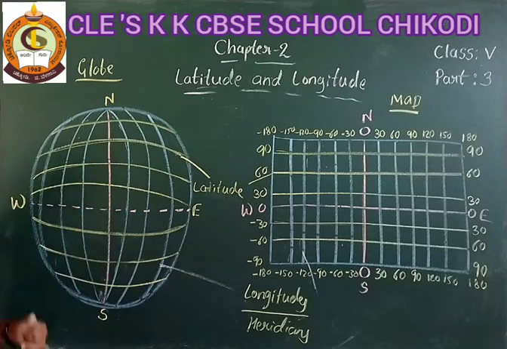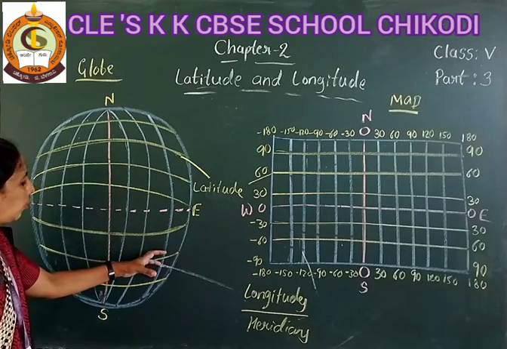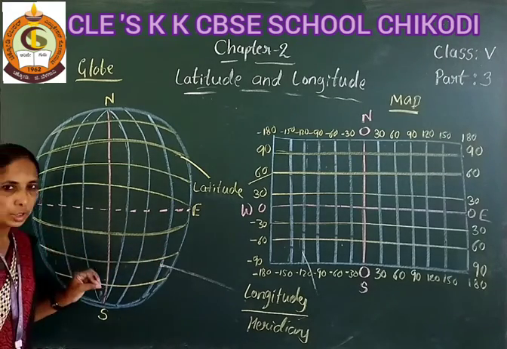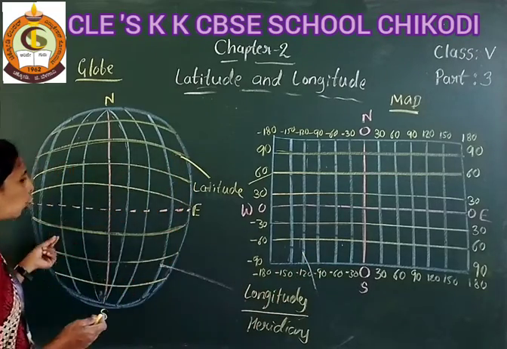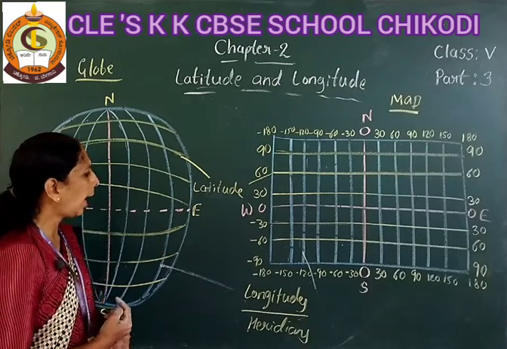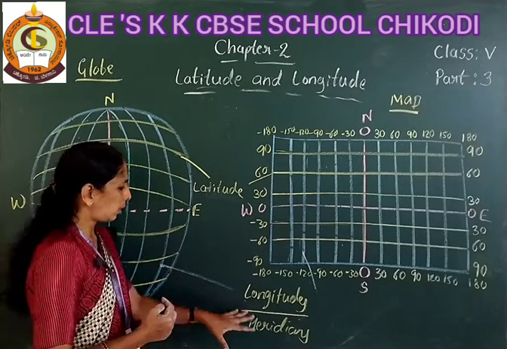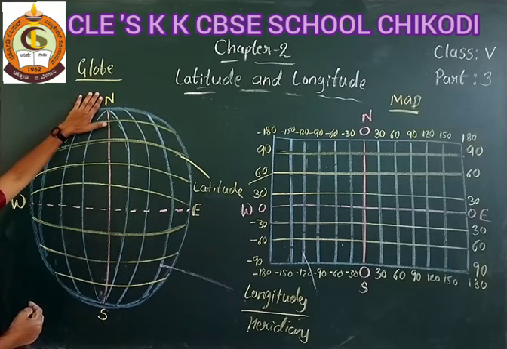Latitudes move parallel to each other on the globe and the map. And these longitudes move towards the north pole too.